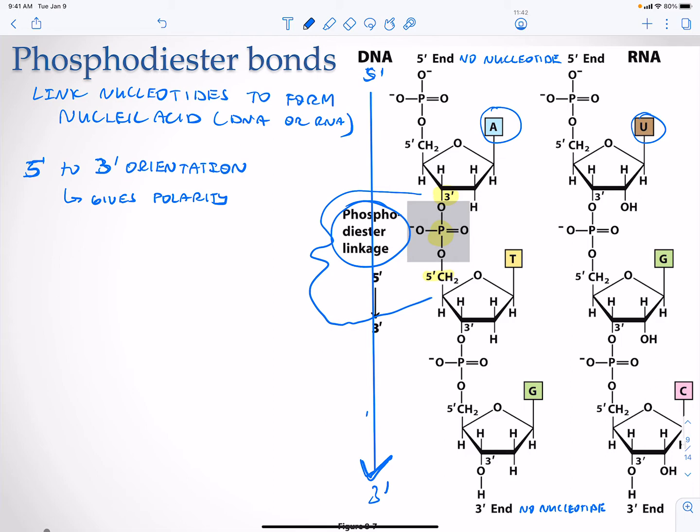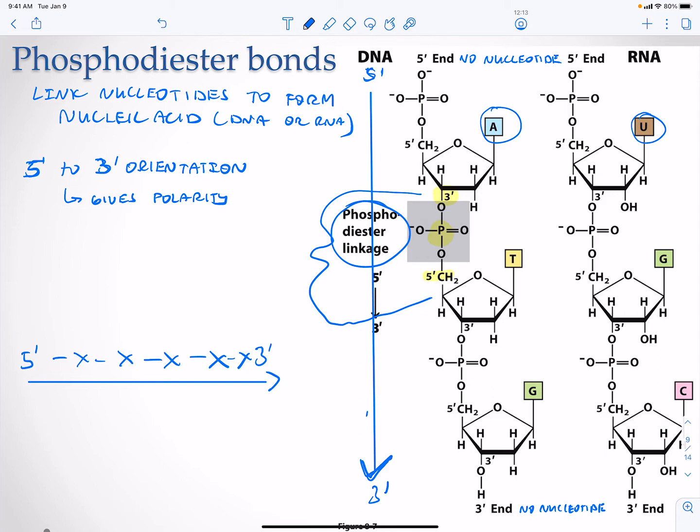Now, key to convention is that when you are writing a single strand of nucleic acid, you always write with the 5' end at the left and the 3' end at the right. So this would be 5' to 3'. And then you would give the sequence. So it is the 5' to 3' direction.